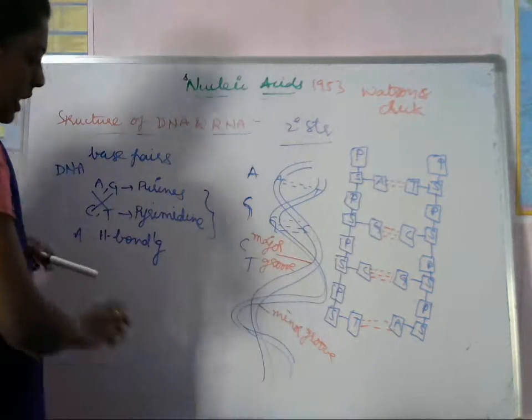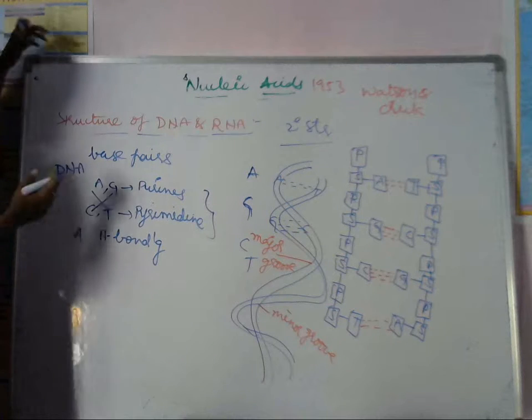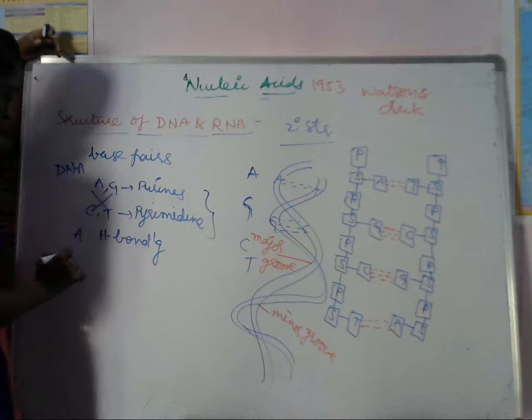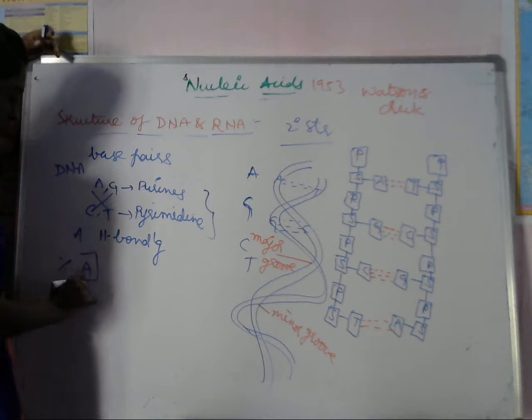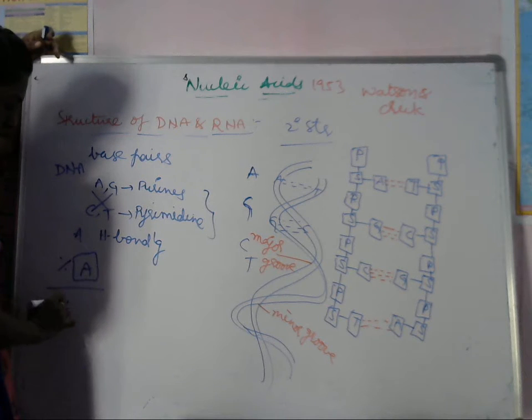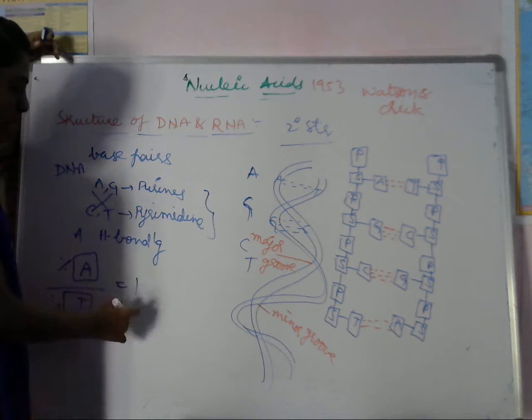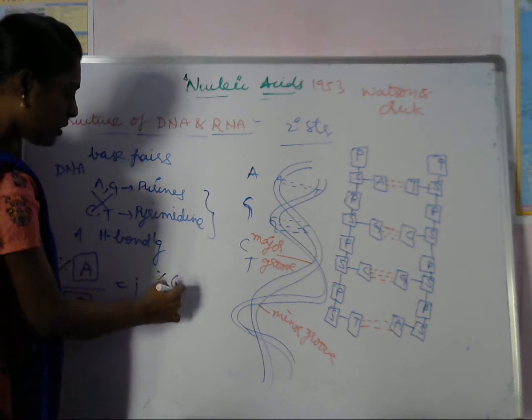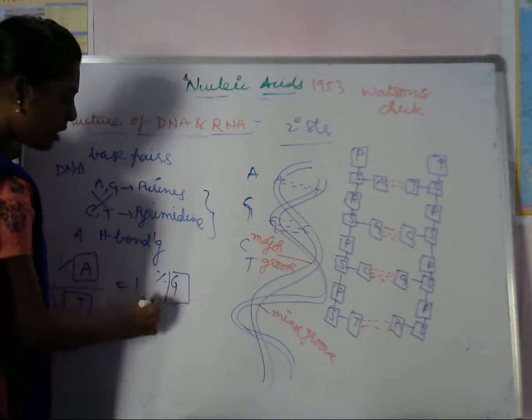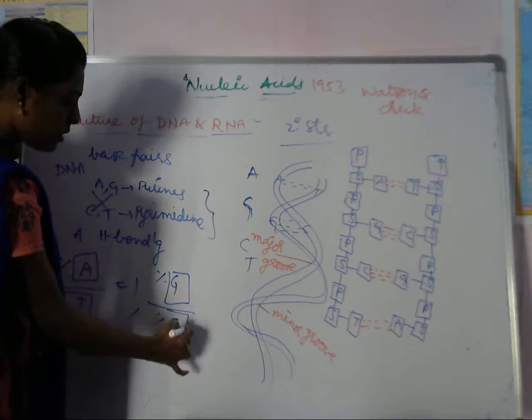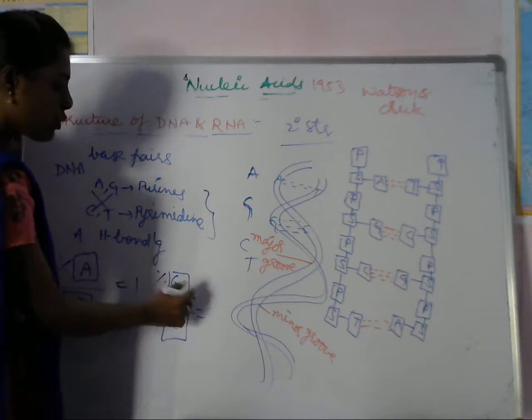Next, the ratio of adenine to thymine should always be 1, and the same if you take guanine and cytosine; it should be the same.